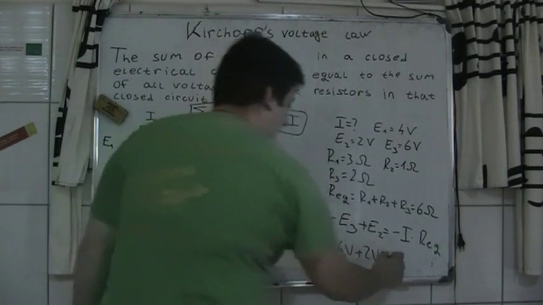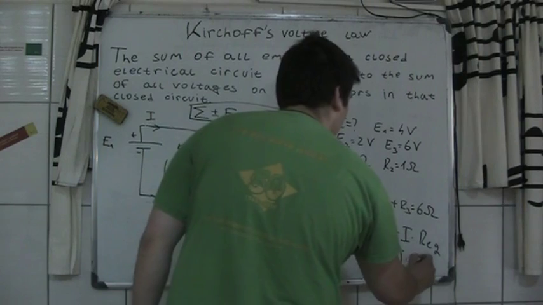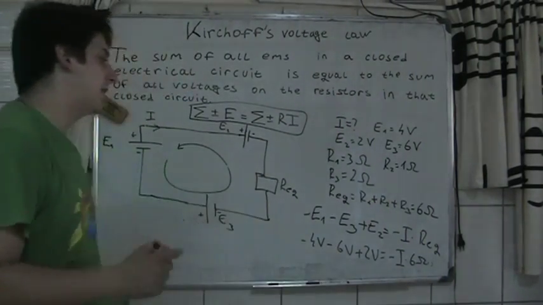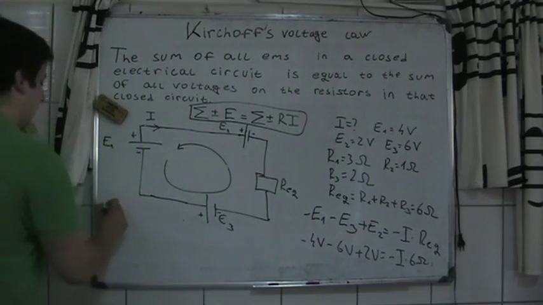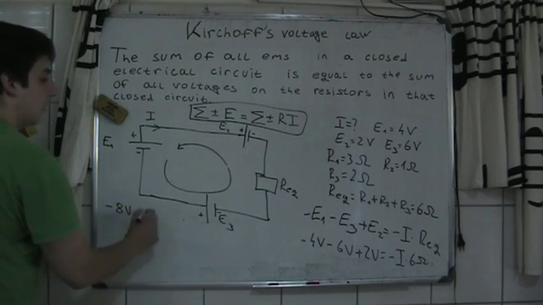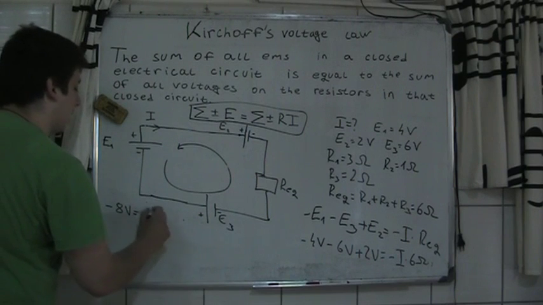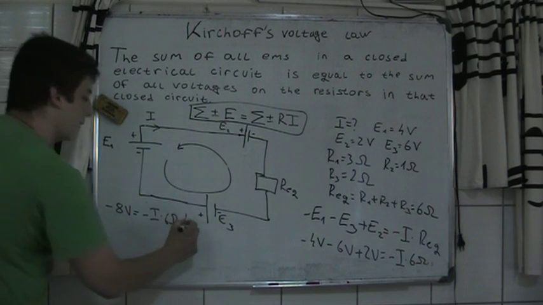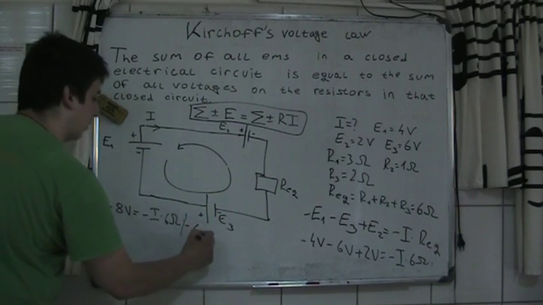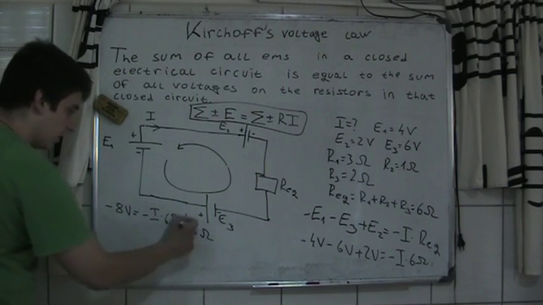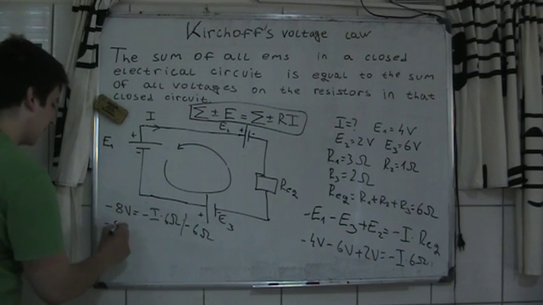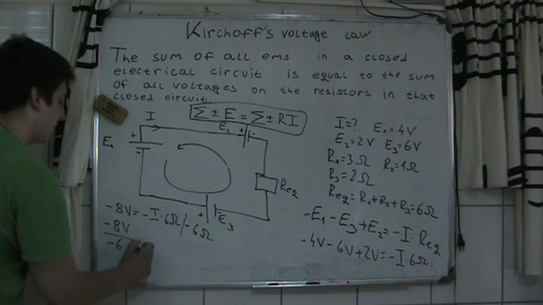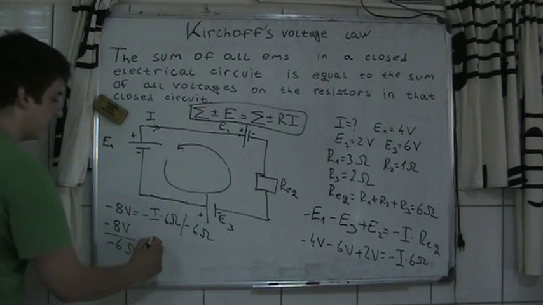And now we have minus I times 6 ohms. So minus 4 minus 6 is minus 10, plus 2 that's minus 8 volts, equal to minus I times 6 ohms. We can divide the whole equation by minus 6 ohms. And now we have minus 8 volts divided by minus 6 ohms, and here you will have just I.